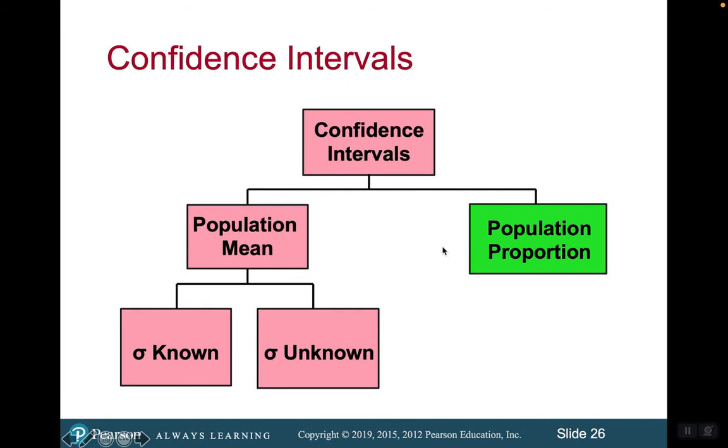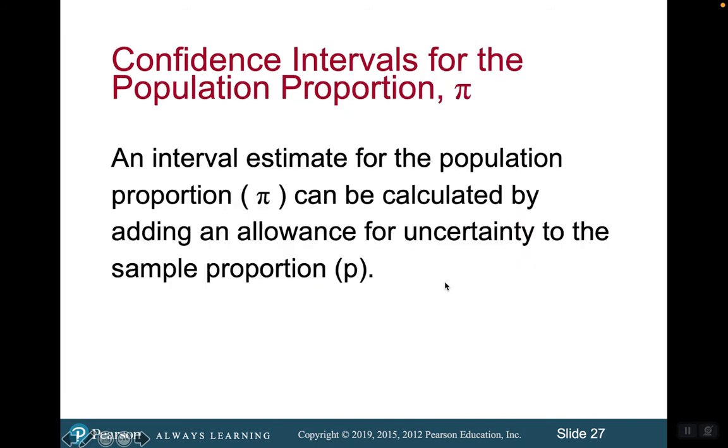Right. And then we also have what we call the population proportion. The confidence interval for a population proportion we can calculate by adding an allowance for the uncertainty to the sample proportion.